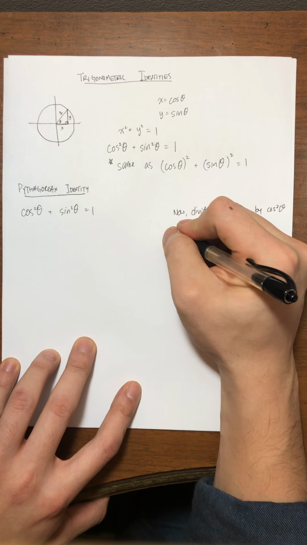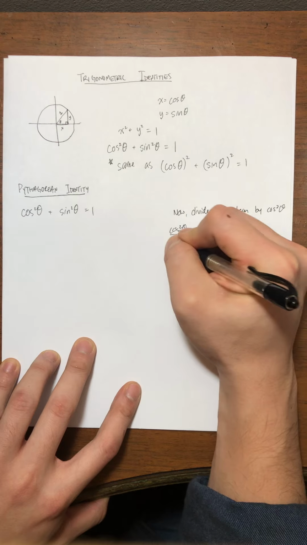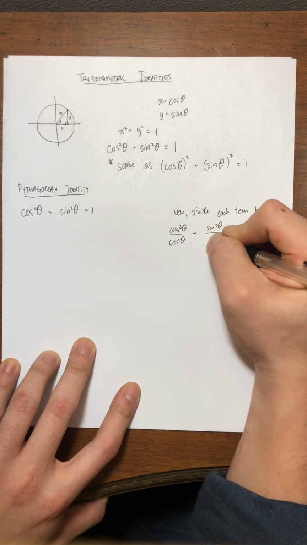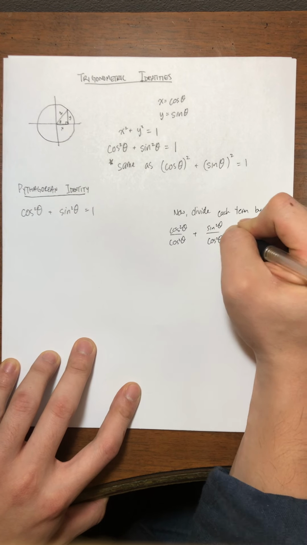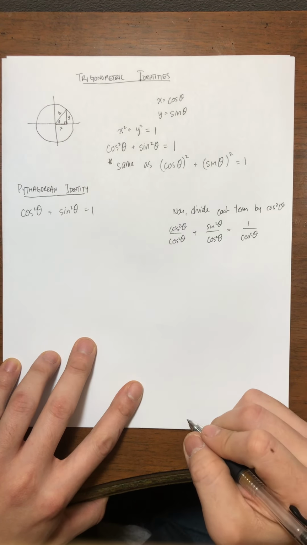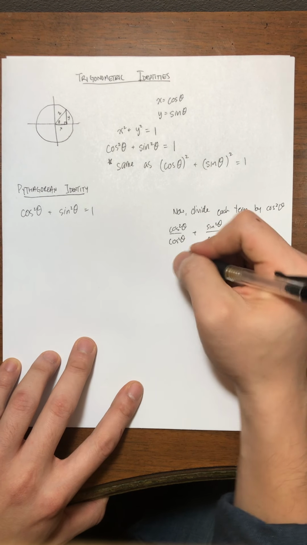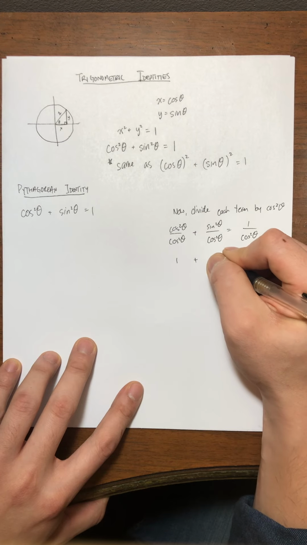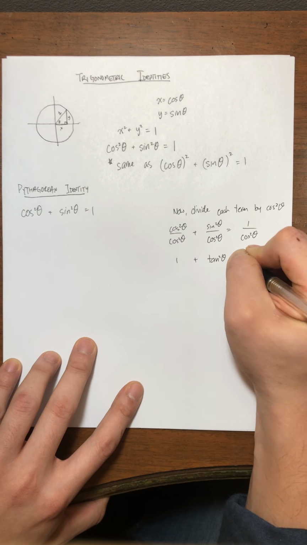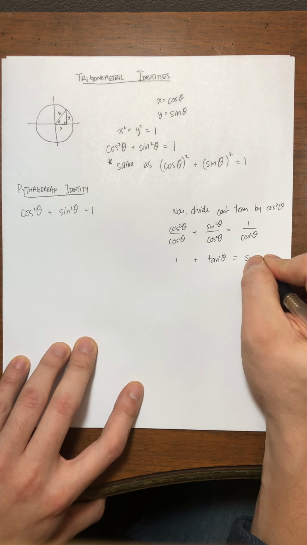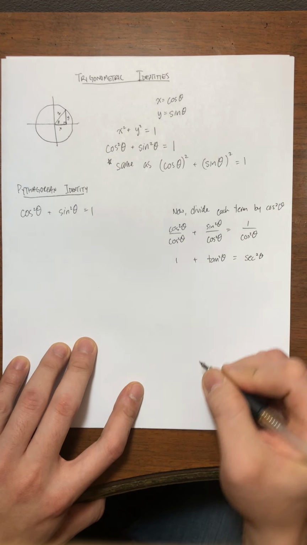Well, if we divide cosine squared theta by cosine squared theta plus sine squared theta over cosine squared theta equals 1 over cosine squared theta, we can simplify these. Cosine squared over cosine squared is 1. Sine squared over cosine squared, well, that's tan squared. 1 over cosine squared, you should recall, is secant squared theta.